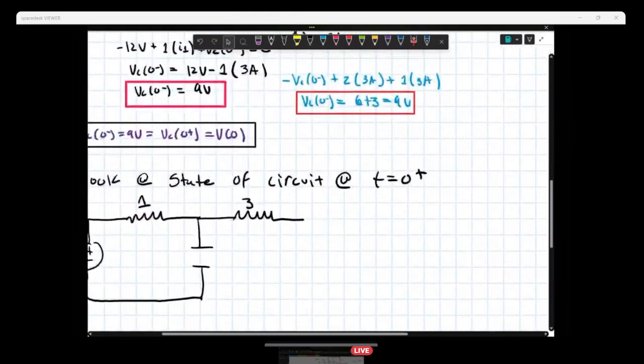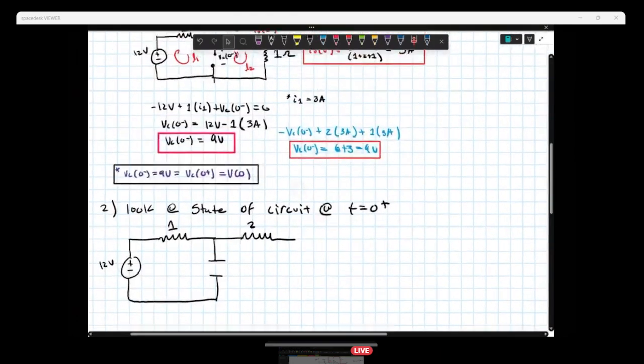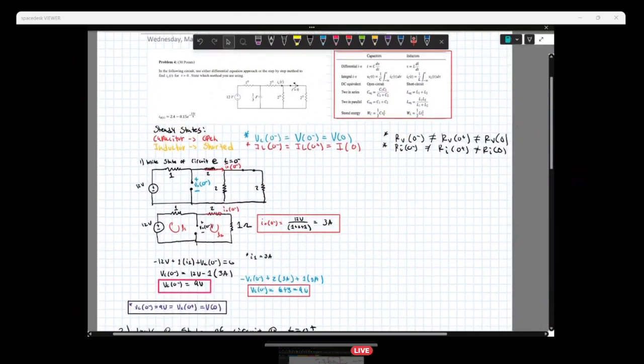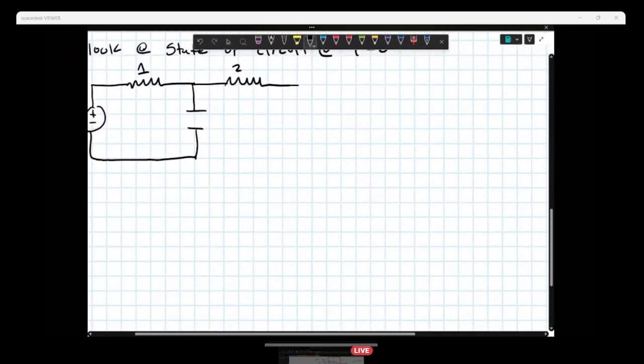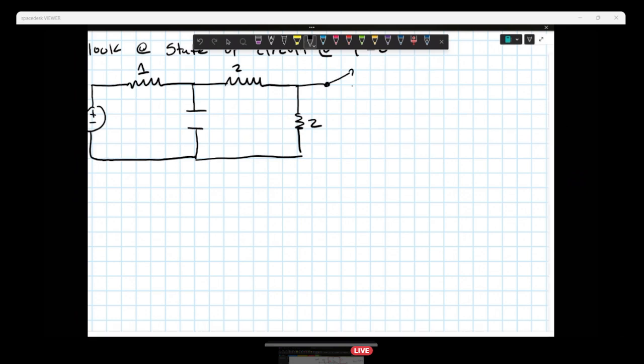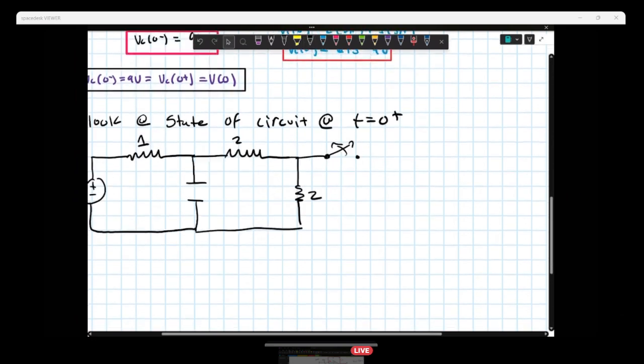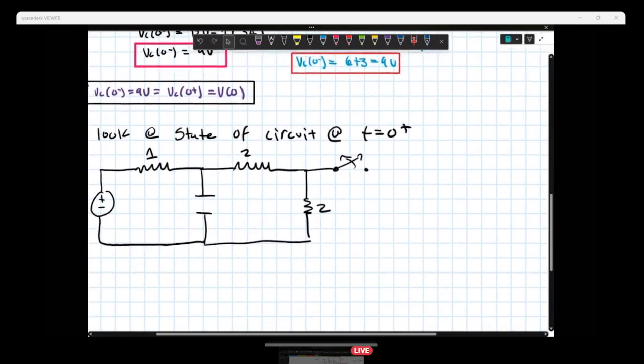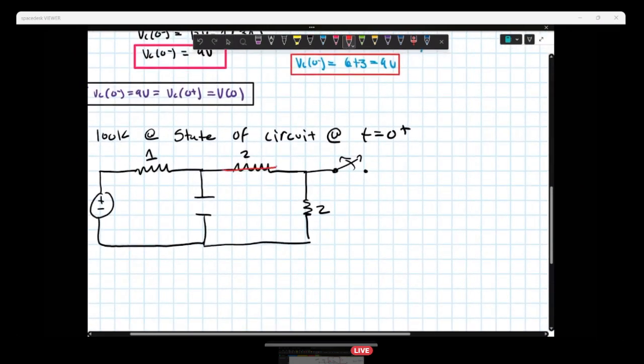Not 3, 2, my bad. And then it's 2 here. So this is the switch, flipped up. And you're still looking for this current here, but now instead of 0 minus, it's 0 plus.